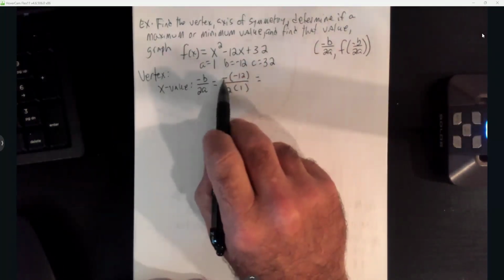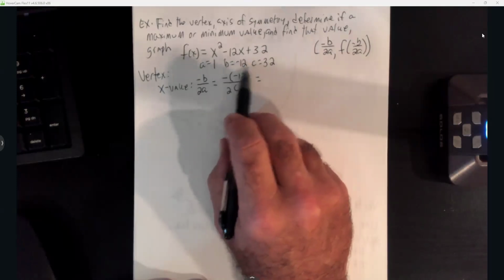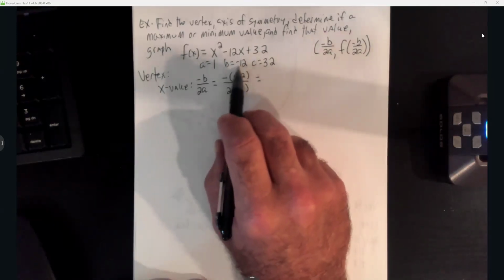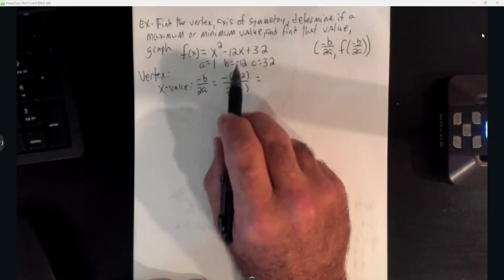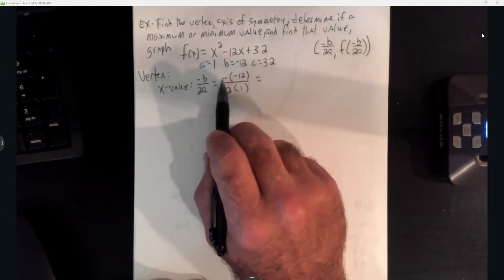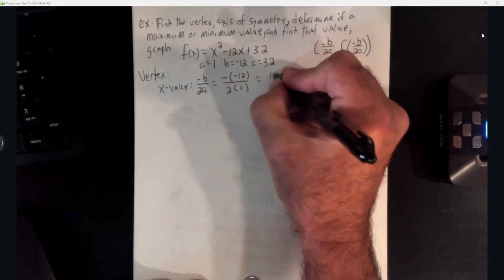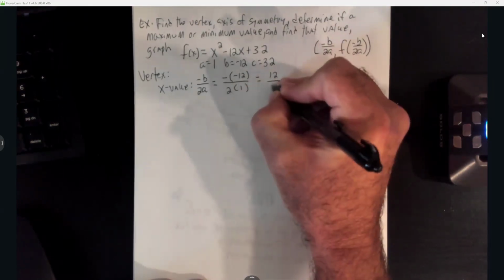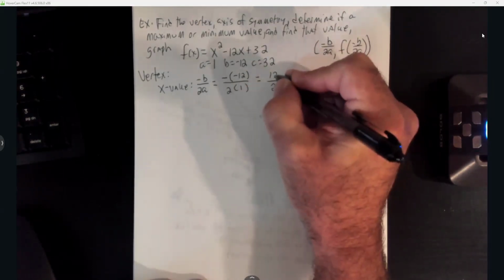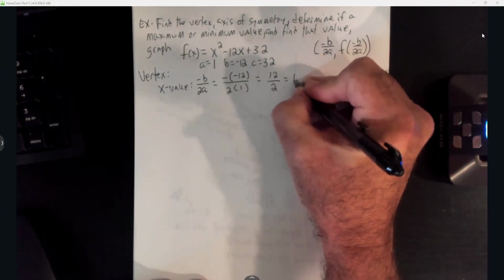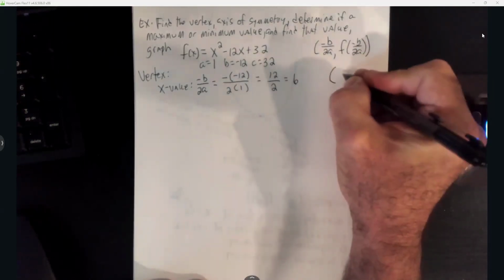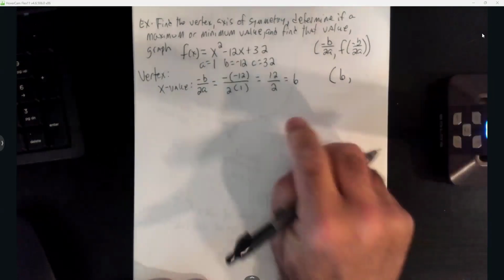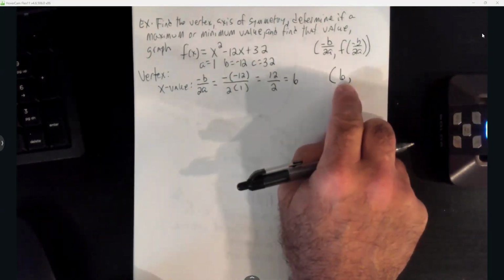This negative in the formula only changes the sign of whatever b is. Since b is negative, negative times negative makes a positive 12. 2 times 1 gives us 2 on the bottom, and 12 divided by 2 gives me 6. So for my vertex, the x-coordinate is 6.